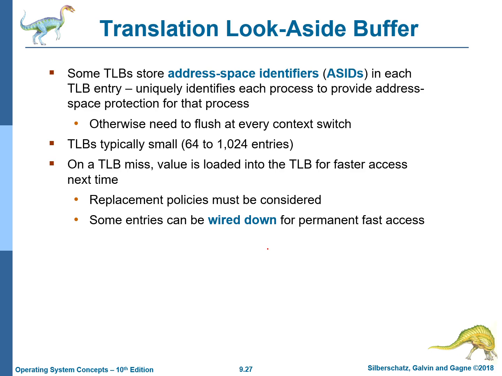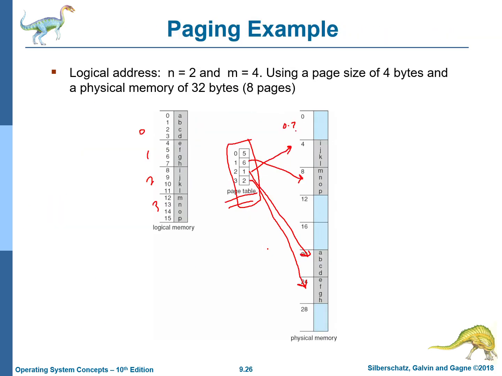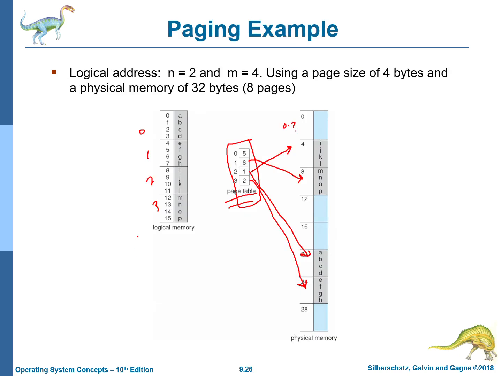Now there are some disadvantages with the paging approach. The first one is that the memory access time is larger, because the page table is also part of the main memory, and the main memory itself is far away from the CPU.